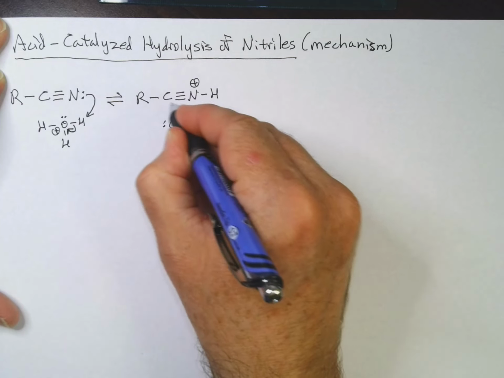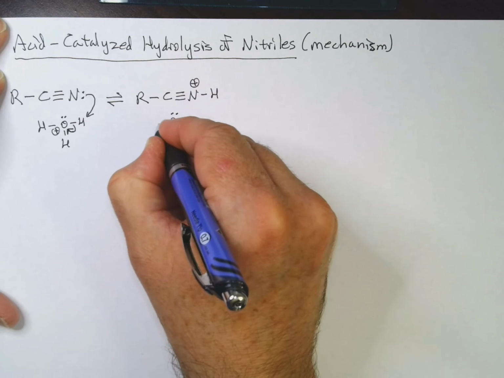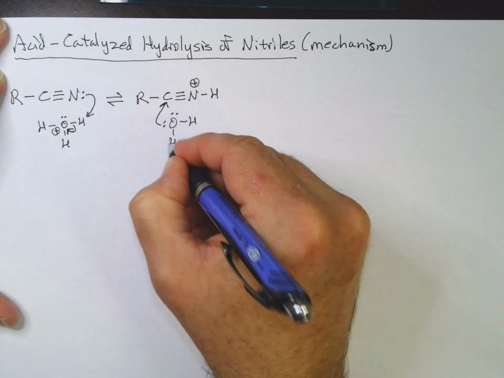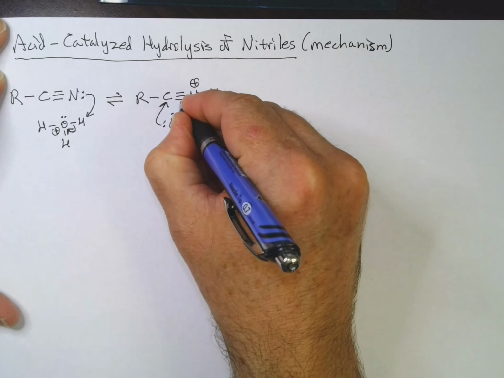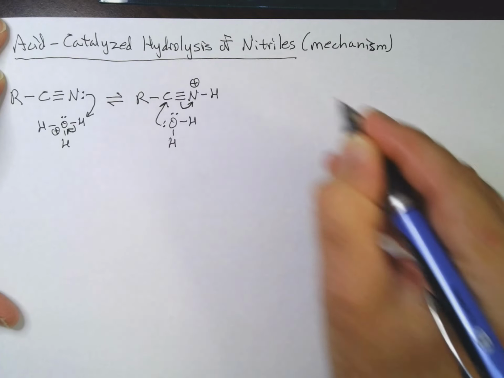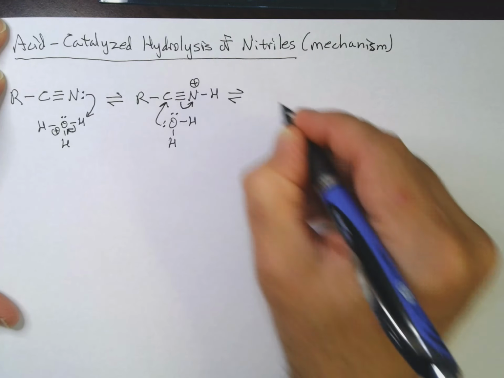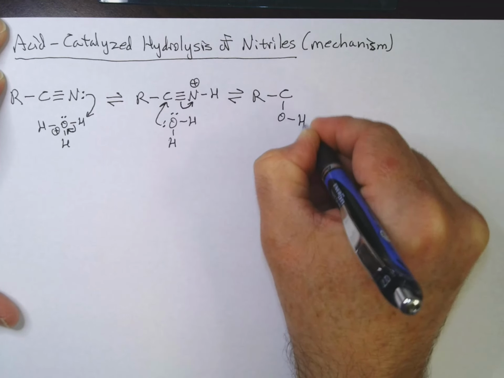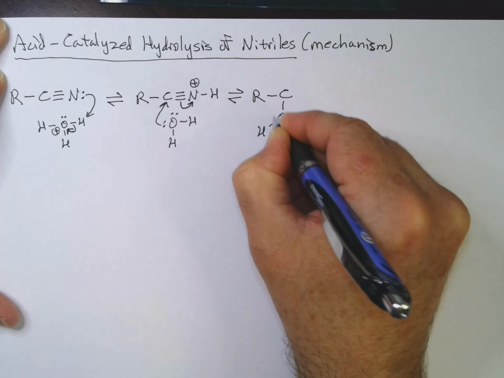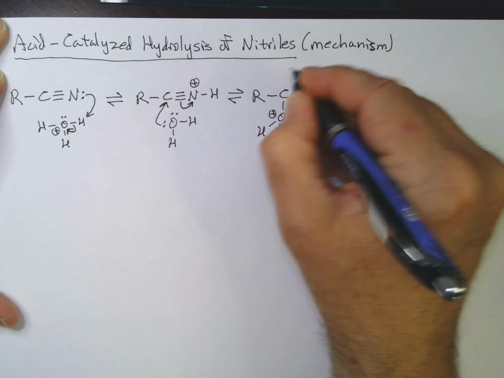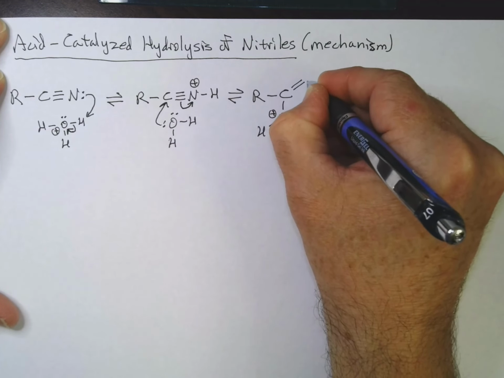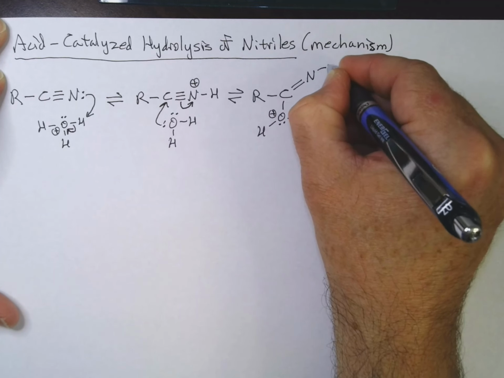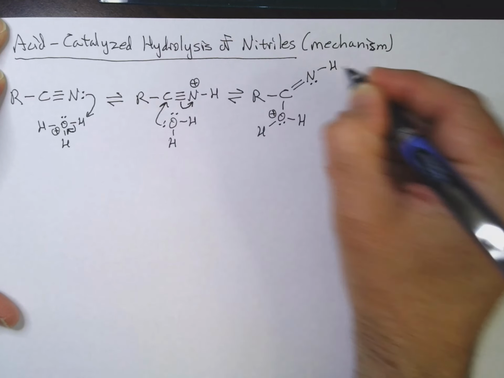So now we've activated our nitrile, and that carbon is even more electrophilic, and so we can get nucleophilic attack by water on that carbon, and then we get electrons being pushed up onto the nitrogen, which now gives us RCOHH, lone pair, positive charge, double bond N, and let's put an H here, and a lone pair.